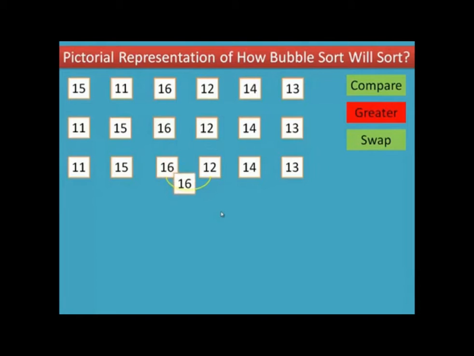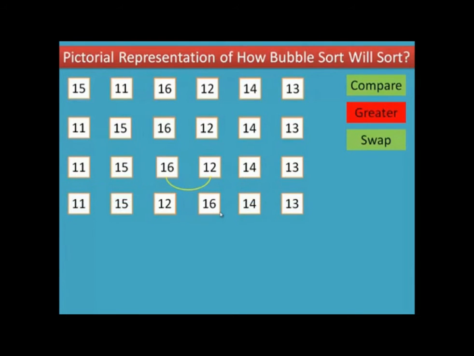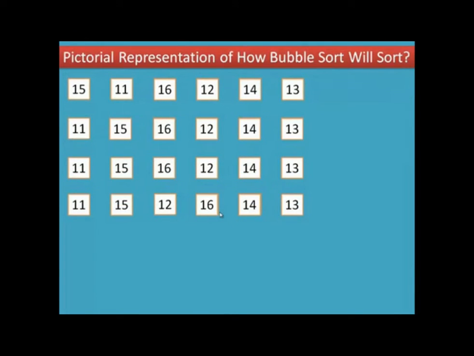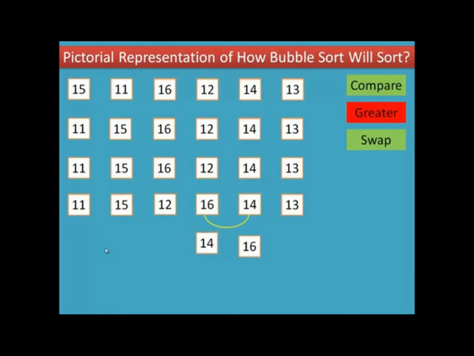Next step is comparing 16 and 14. 16 is greater than 14, so swapping 16 and 14 again. Now the list will be 11, 15, 12, 14, 16 and 13.